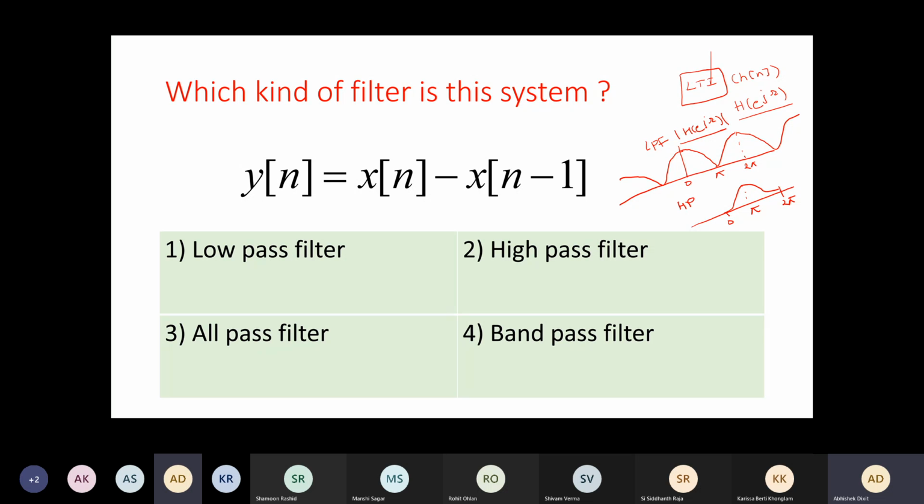So the correct answer is it's a high pass filter. Okay, let us see how we proceed with this question.